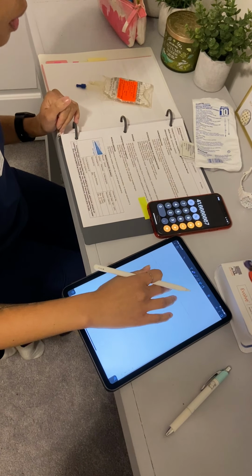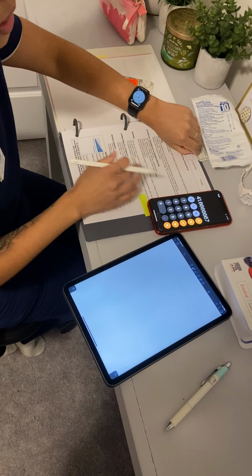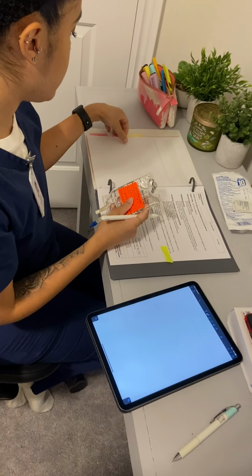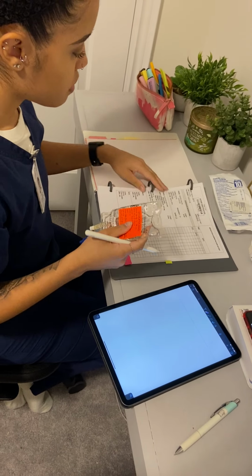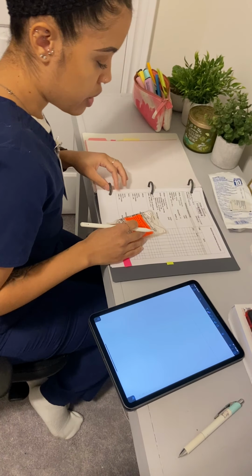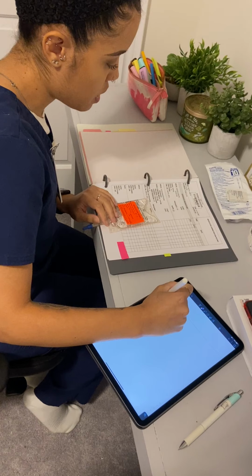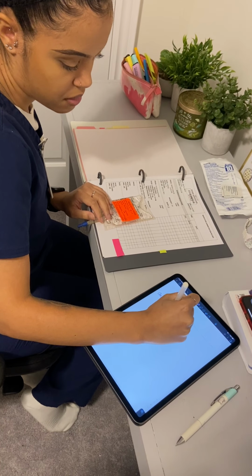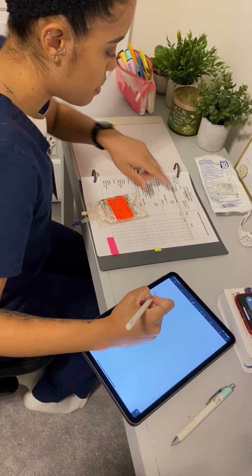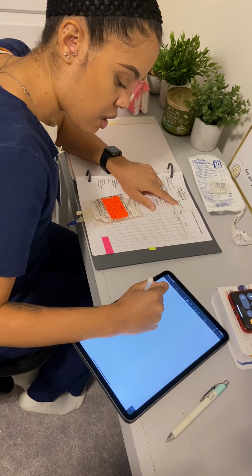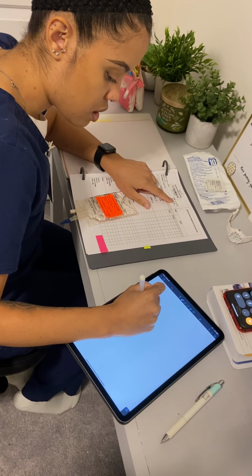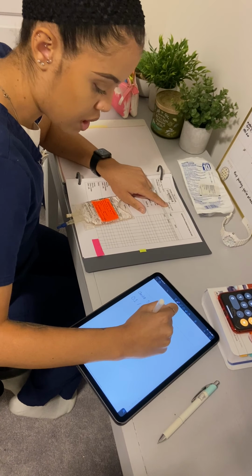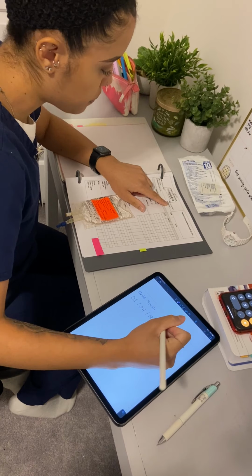So now I'm going to write down some identifiable markers for when I enter my patient's room. So I'm going to write her name. Anita Smith. Her date of birth is January 24th, 1967.